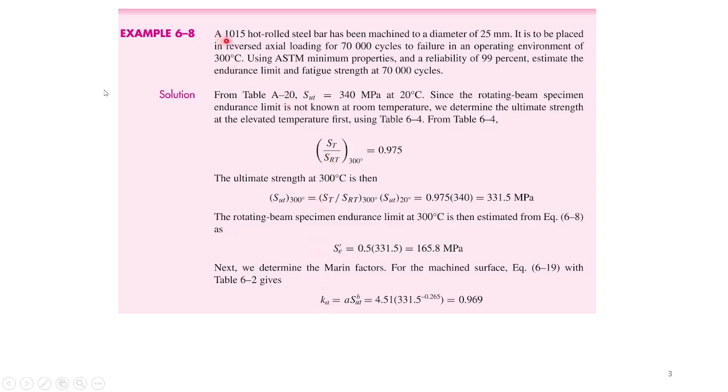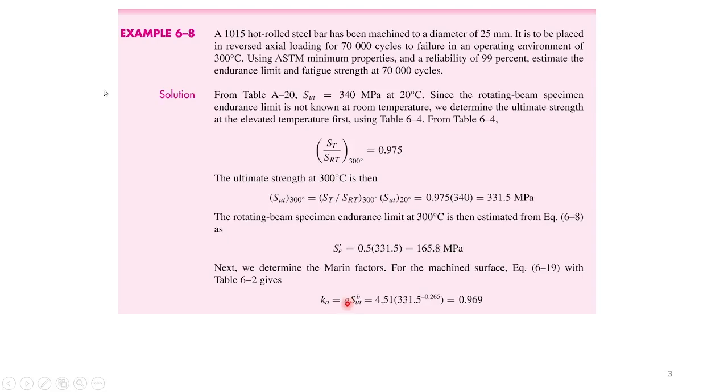You will go to the hot rolled row and see that KA is equal to A S ultimate to the power B. The S ultimate is the corrected value of the ultimate tensile strength at 300 degrees Celsius that I calculated here. Okay. And the A and B, guys, are totally different than the AB constants used in the equation of SF is equal to A N to the power B. I have an equation from the last lecture that the fatigue strength SF is equal to a constant A times the number of cycles to failure, capital N, to the power B.